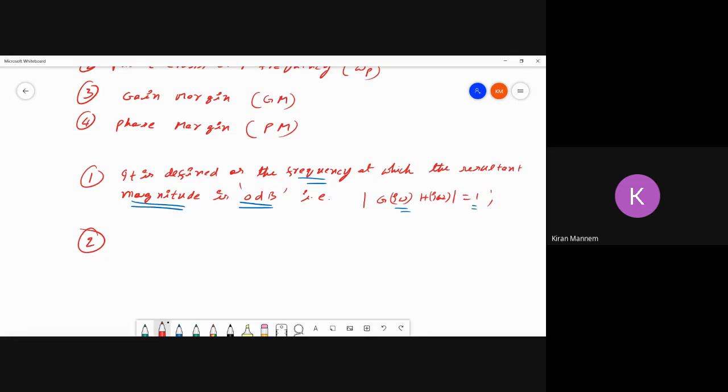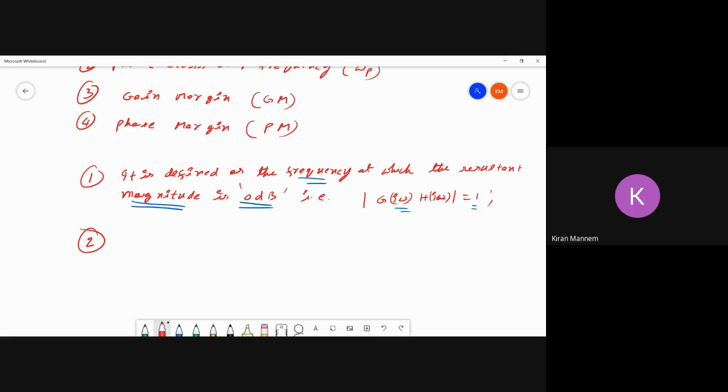Right? Margin is different. The phase crossover frequency omega p is defined as the frequency at which the resultant phase angle is minus 180 degrees.